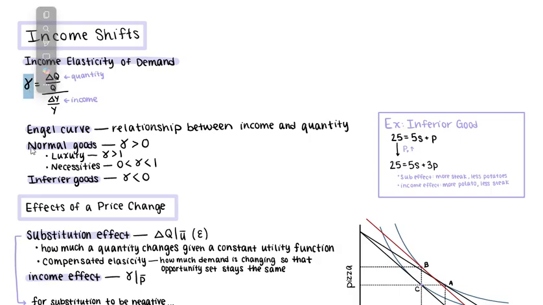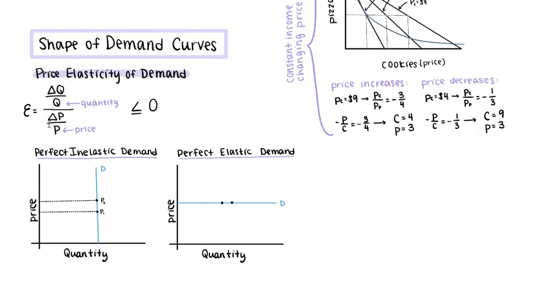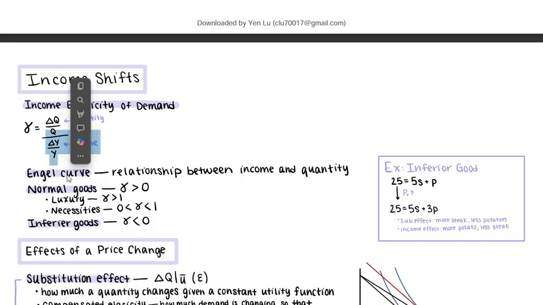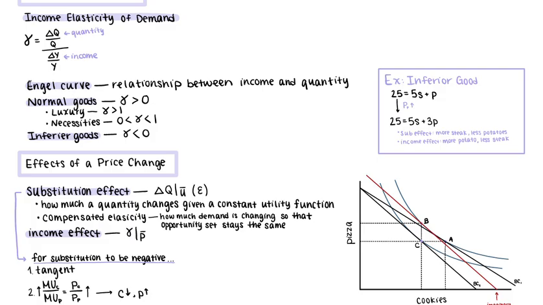The symbol is the slope of the Engel curve. Actually, that was price change; now it's income change. So the Engel curve is the relationship between income and the quantity you purchase.